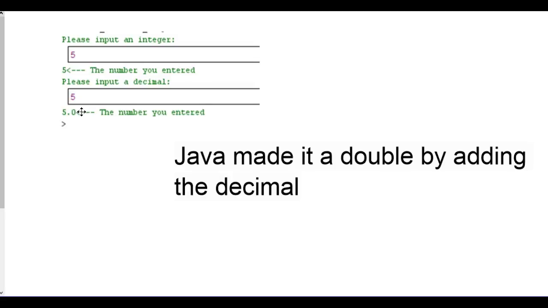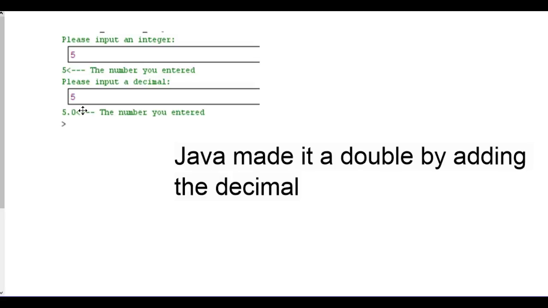So Java puts the 0.0 after it to identify it as a decimal. It has to have that decimal point to be a double. Java puts it in automatically. So in terms of string output, be aware that if you're storing an int inside of a double, it's going to have the 0.0. That's important to know if you're printing answers out.